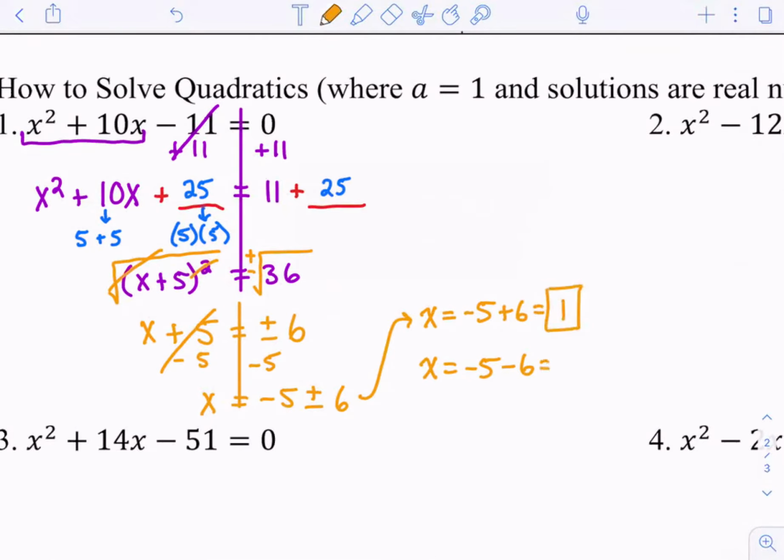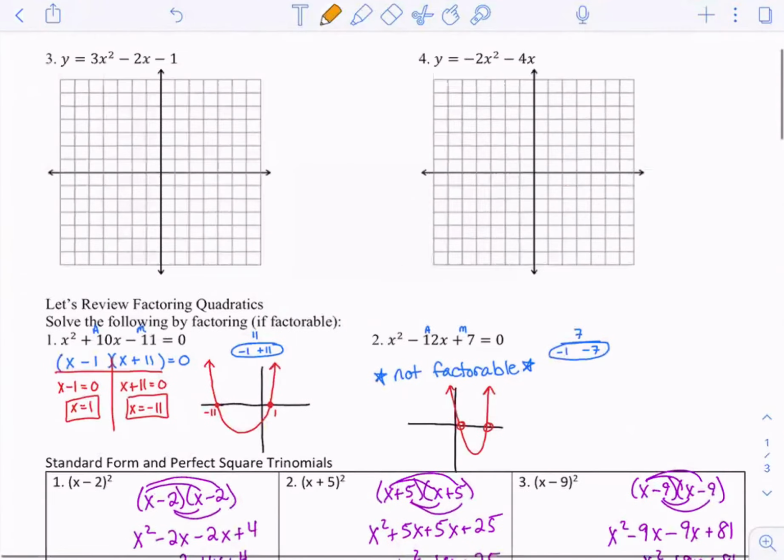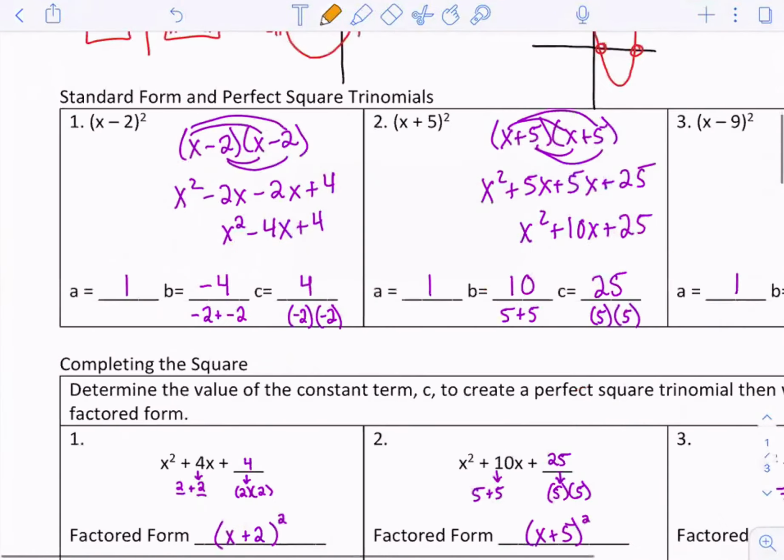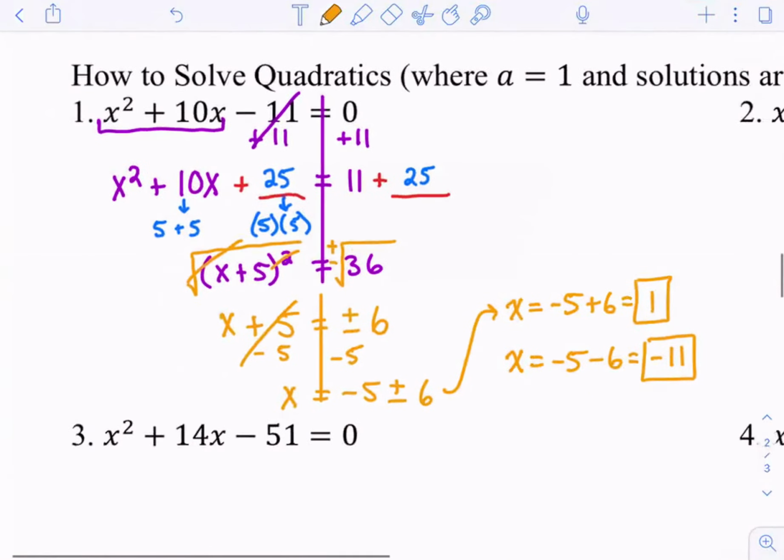And negative 5 minus 6 equals negative 11. Hold on, wait. Are those the 2 answers we got earlier? 1 and negative 11? Yes, they are. So notice, it's a different process, but we still got the same answers here. This is called solving by completing the square.